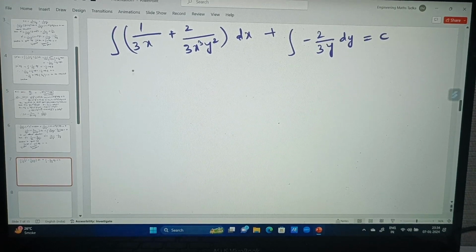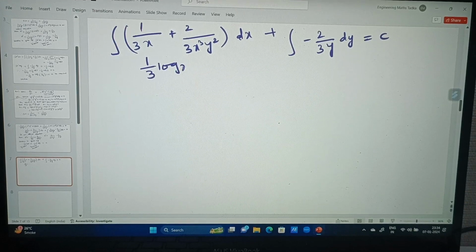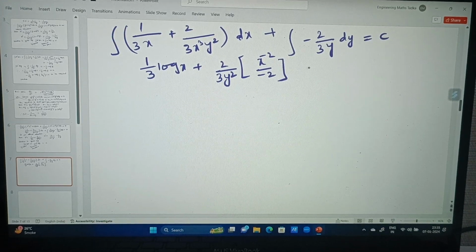You will have to write: what is the integral of 1 by 3x dx? It is nothing but 1 by 3 log x plus 2 by 3 y square. The constant you have to take outside, and what is the integration of 1 by x cube? x to the power minus 2 by minus 2. Okay, minus 2 by 3 integral of 1 by y dy, what is that?